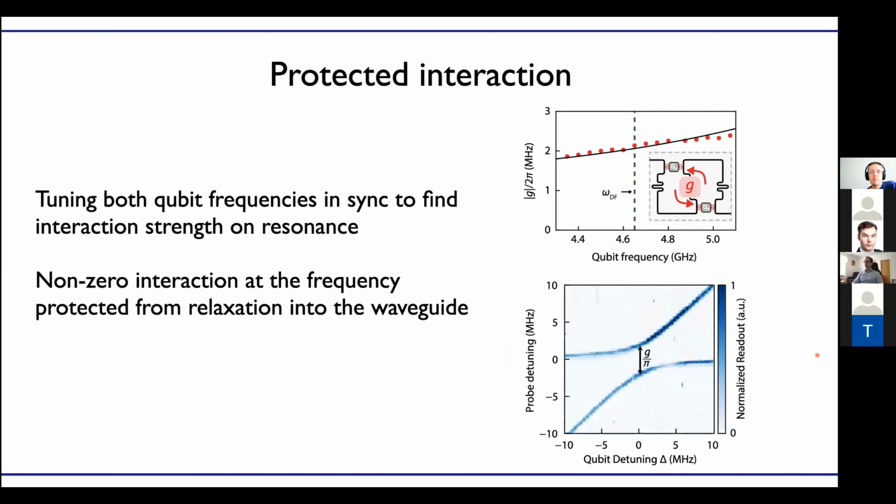Okay. Then, when they confirmed this, they started looking at if they could see this protected interaction. So now they used both qubits, and they tuned them on resonance with each other, and then they tuned them in sync, over a few hundred megahertz.